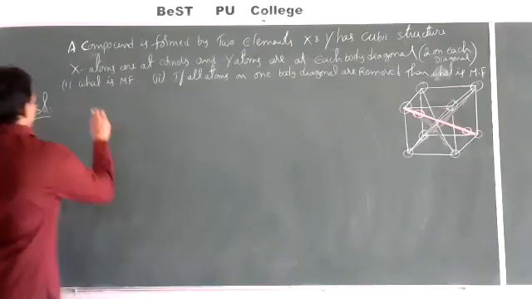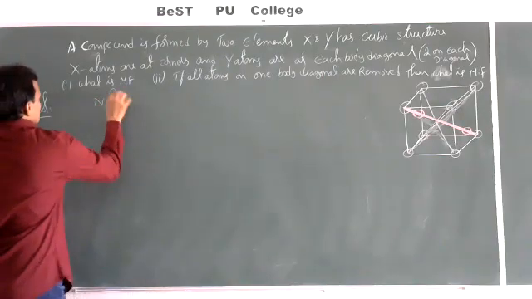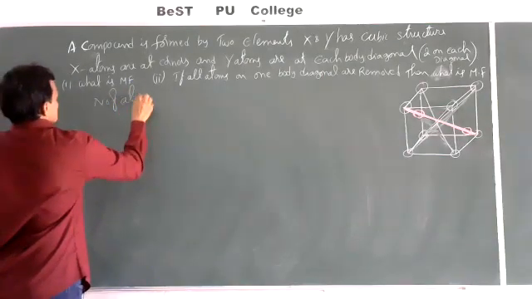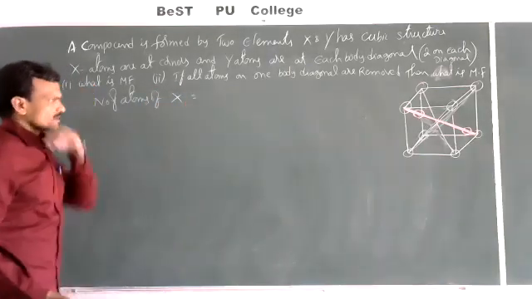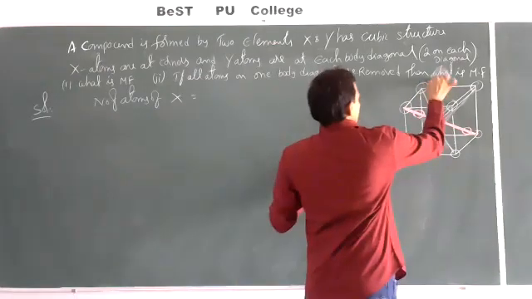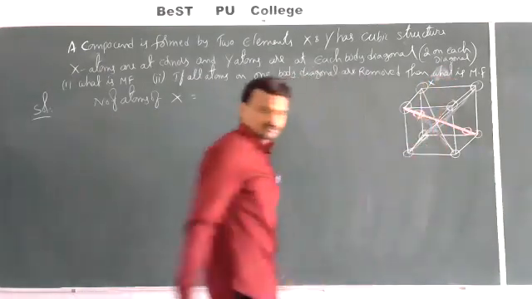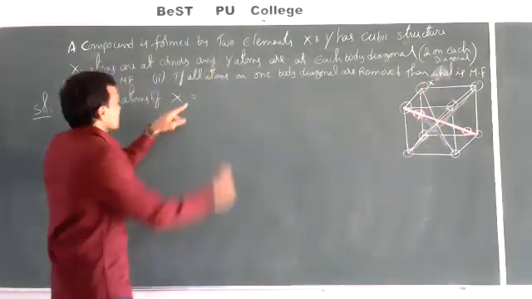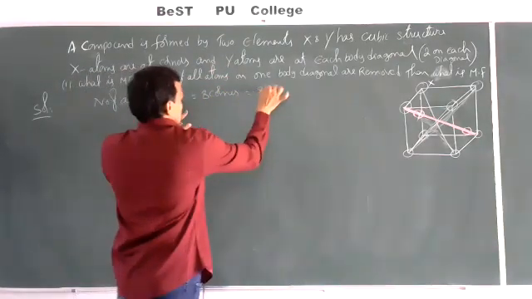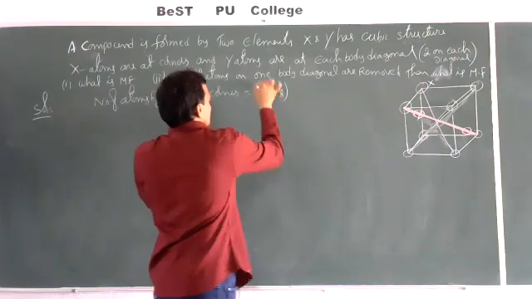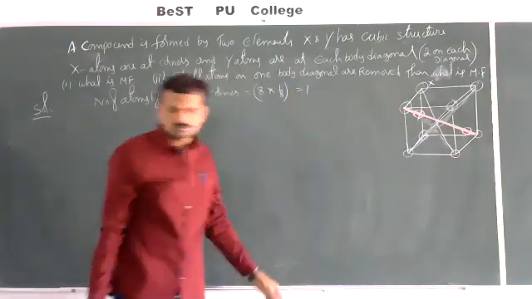Now, let us calculate the number of atoms of X. These are the atoms of X. These are the atoms of Y. So atoms of X are present at 8 corners. So this is equal to 8 into 1 by 8, which is equal to 1.